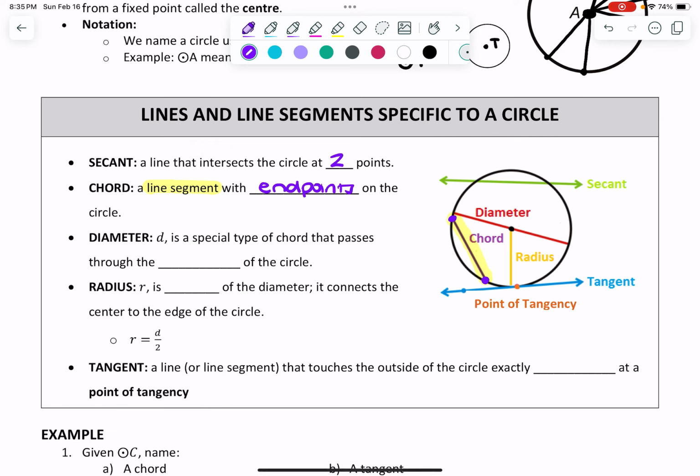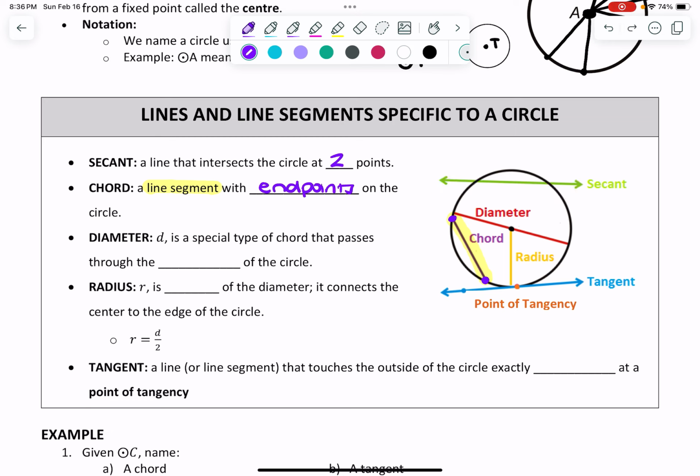If I'm looking back to secant, if I had only a segment of that line, so I crossed out the parts where it goes on forever, and it stopped such that the endpoints were on the circle, I would also have a chord. So kind of neat, new definition there.